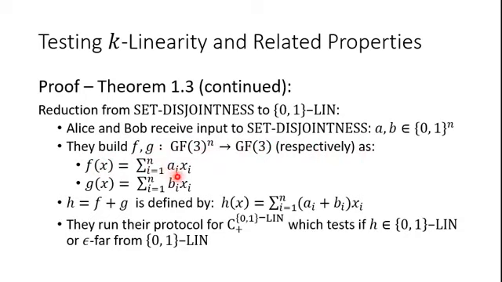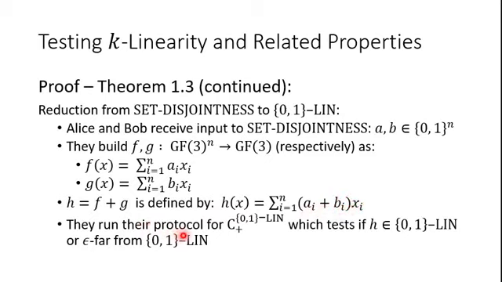It's going to be the sum with the coefficients a_i x_i, and the sum with the coefficients b_i x_i, of course from i to n. And h, which is the pointwise sum of f and g, is defined formally as follows. So we just pointwise sum the coefficients for each x_i.